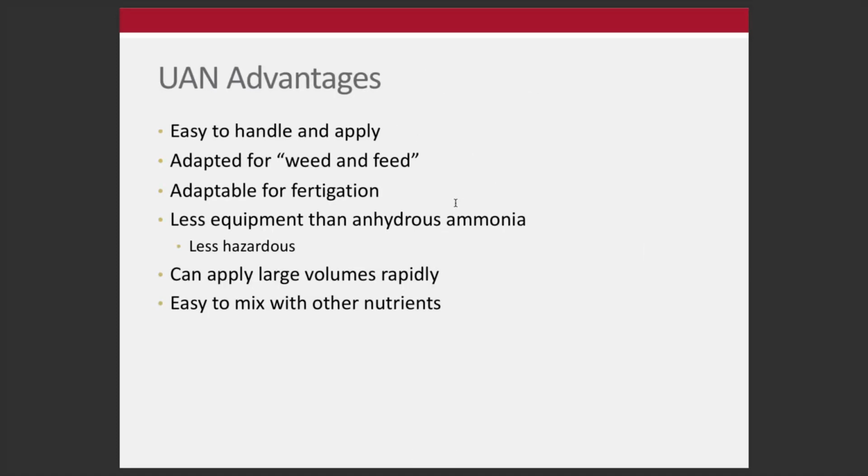UAN advantages are that it's easy to handle and apply. We don't have to keep it under pressure, and we don't have the risk of burning like we do with anhydrous. It's adapted for this idea of weed and feed, which is common in field crops, where people will essentially mix their fertilizer, the UAN, with a herbicide application in liquid form.